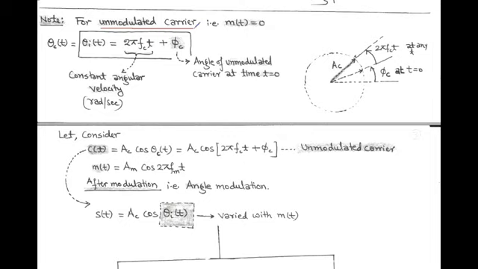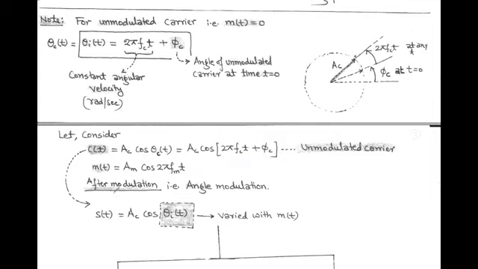But in case of angle modulation, we require a message signal. Before modulation, the carrier is given as c of t equals A_C cos theta_c. In place of theta_c, we can write 2 pi f_c t plus phi_c.